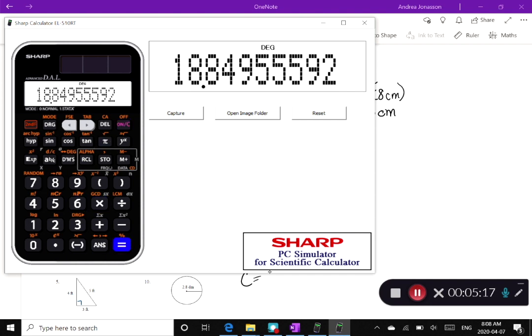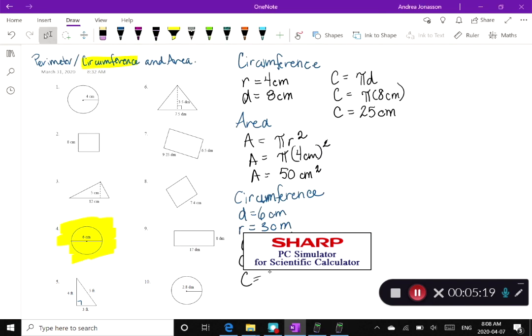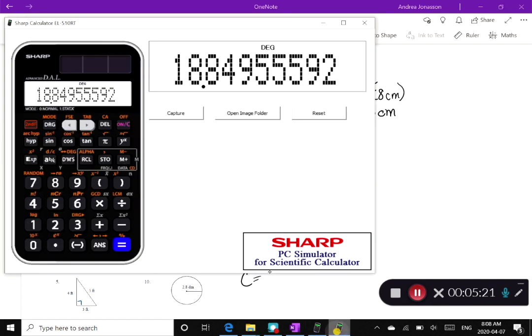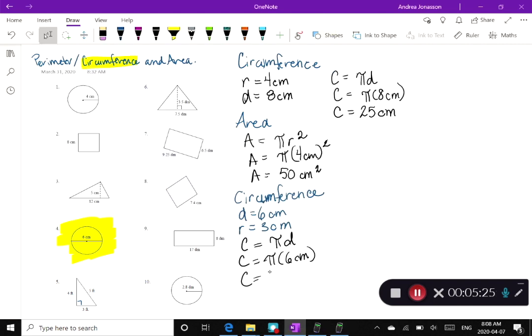That is 18.8 centimeters, which rounds off to 19 centimeters. So notice for your circumference, you don't get square centimeters because you're just multiplying pi and centimeters. Pi has no units, and we multiply that by centimeters to get centimeters.